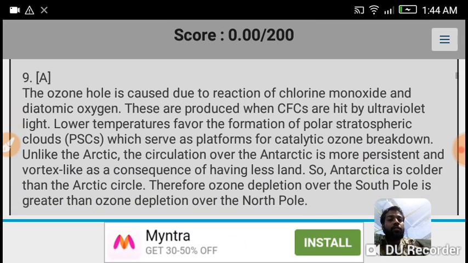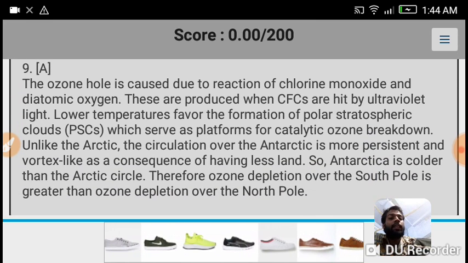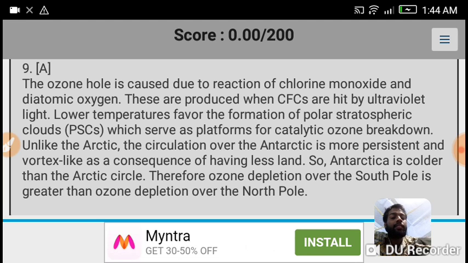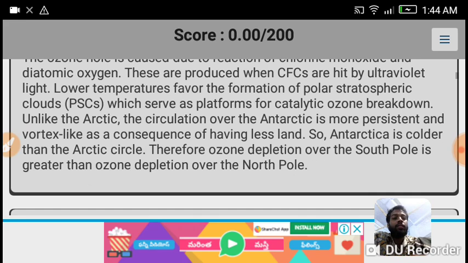The ozone hole is caused by the reaction of chlorine monoxide and diatomic oxygen. These are produced when CFCs are hit by ultraviolet light. Lower temperature favors the formation of polar stratospheric clouds, which serve as a platform for catalytic ozone breakdown.